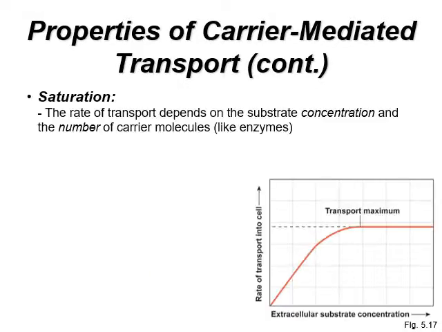You can see it here, the rate goes up, but then the rate plateaus. All the transporters are bound, and so the molecules have to wait till they become unbound before they can be bound and transported. So we can increase the rate up to the point where the transporters start to get saturated.